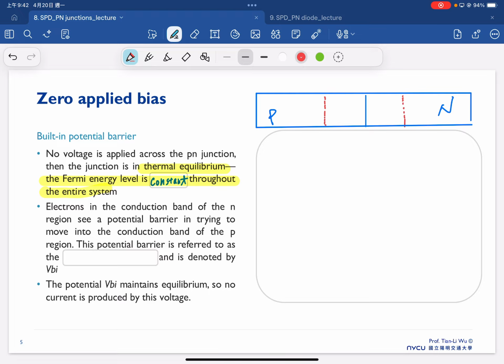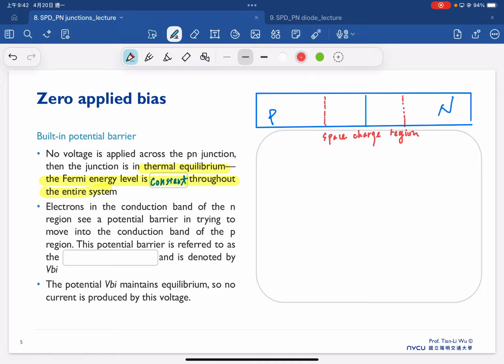So we will have a space charge region here. With all we knew from previous knowledge about the band diagram, we will be very interested to use the band diagram to analyze this PN junction. So let's do it one by one.